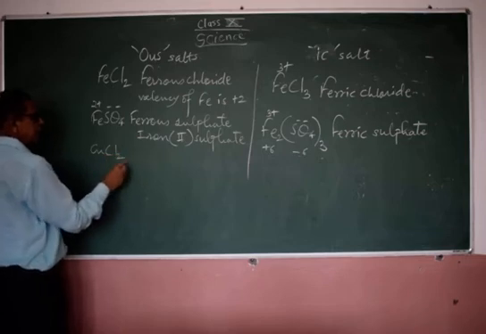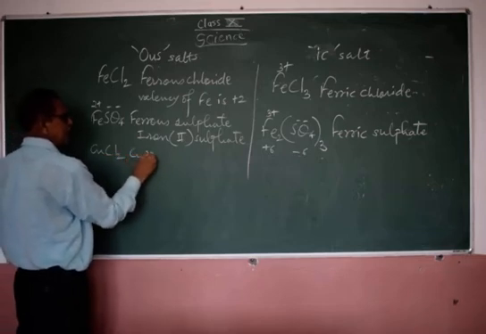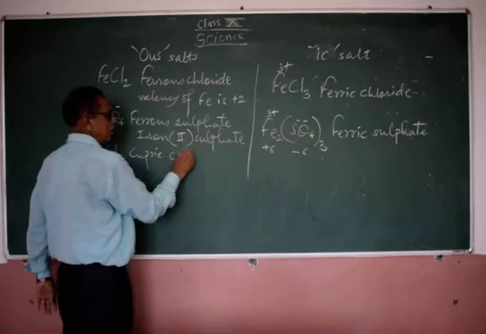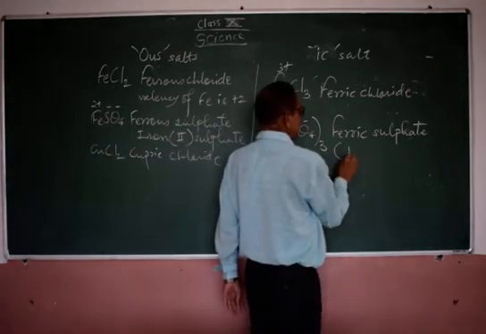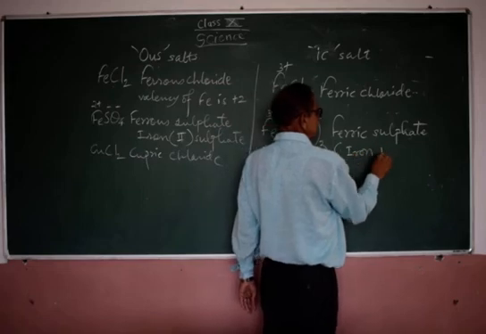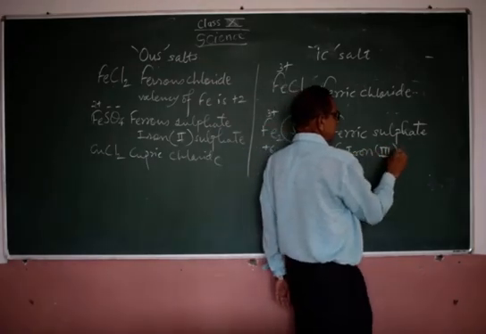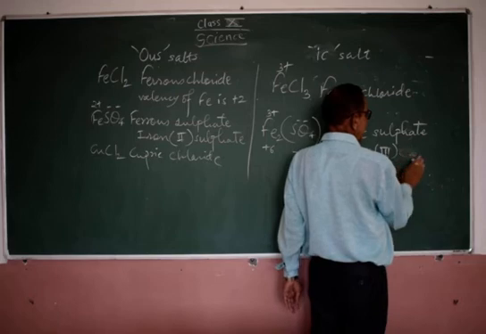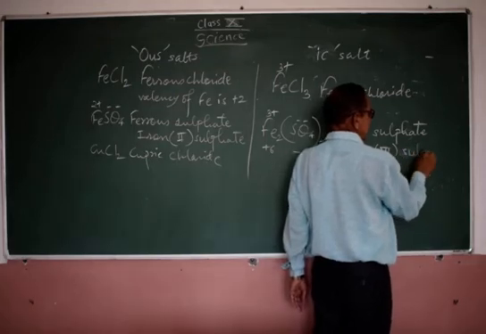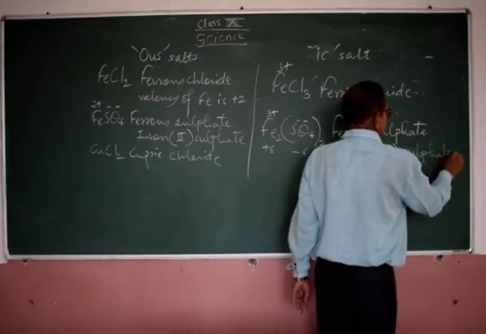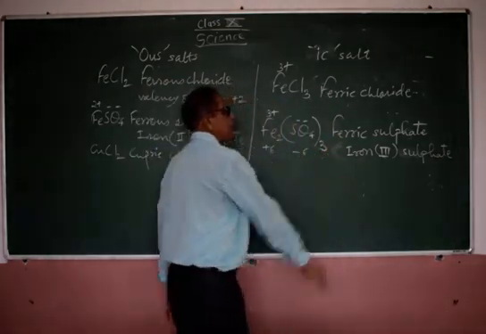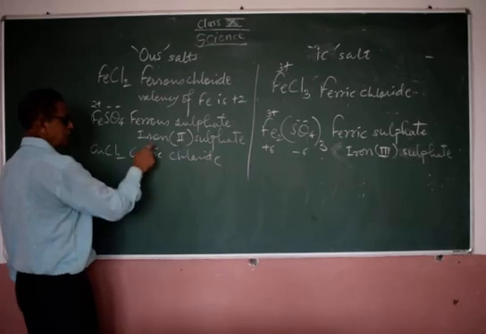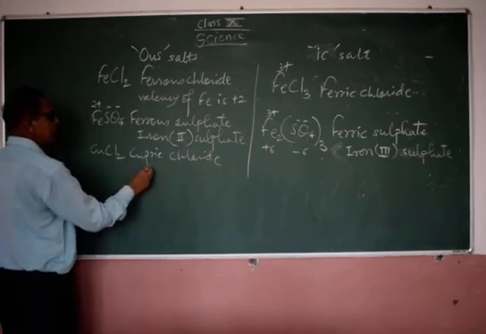CuCl2, this is cupric chloride. And here we can also write iron 3 sulfate. Iron 3 sulfate, iron 2 sulfate, cupric chloride.